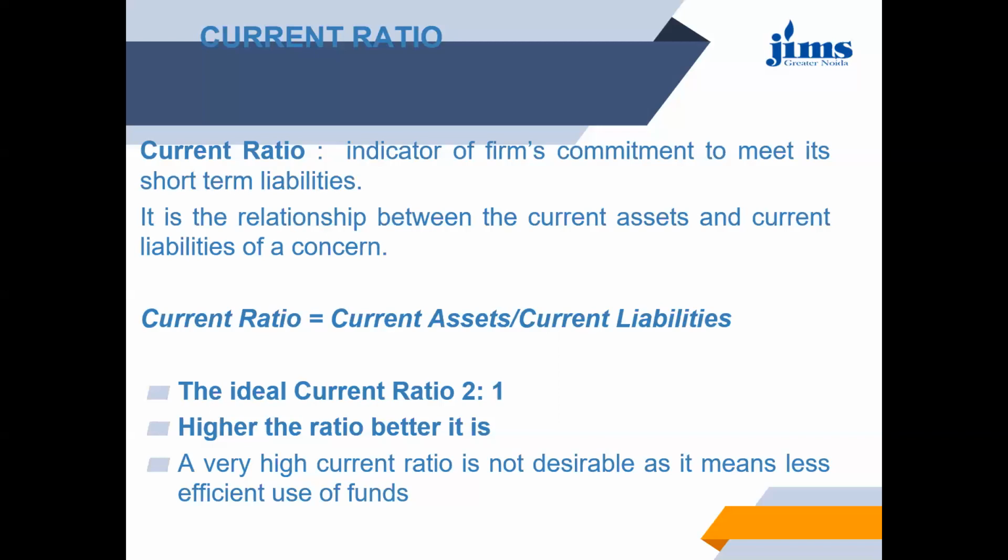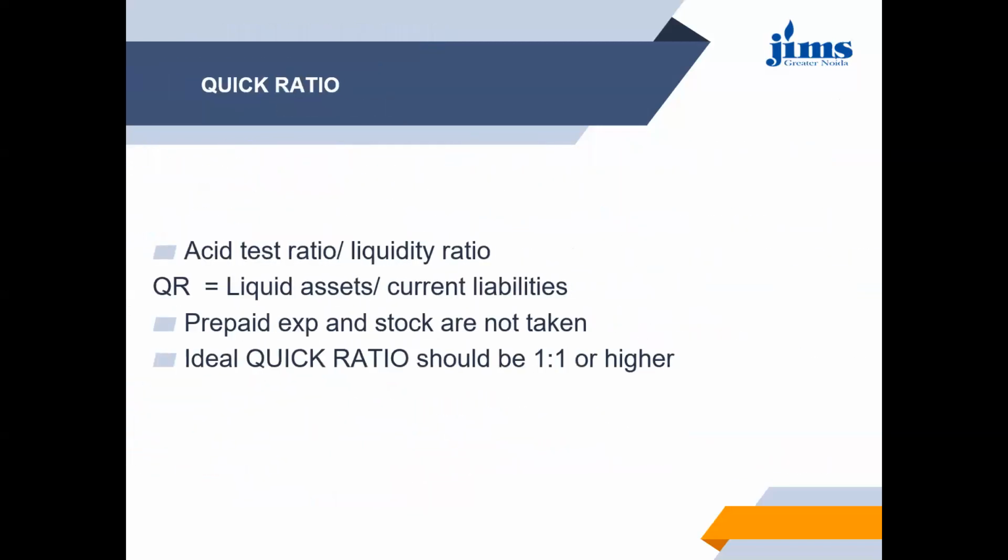So the difference between current assets and liquid assets is that we deduct the prepaid expenses and stock from the current assets. Whatever is left is the liquid assets. So liquid assets means they are either in cash form or very easily can be converted into cash. Stock may take some time and prepaid expenses are actually not in cash form.